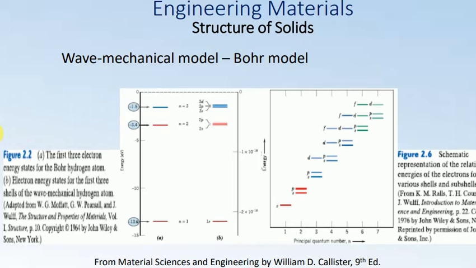But if we move on to N2, one energy level or orbital for Bohr model is split further into two energy states for wave mechanical model, and then for N3, three energy states, and so on and so forth. So wave mechanical model actually adds different energy states for one particular energy level for Bohr model.